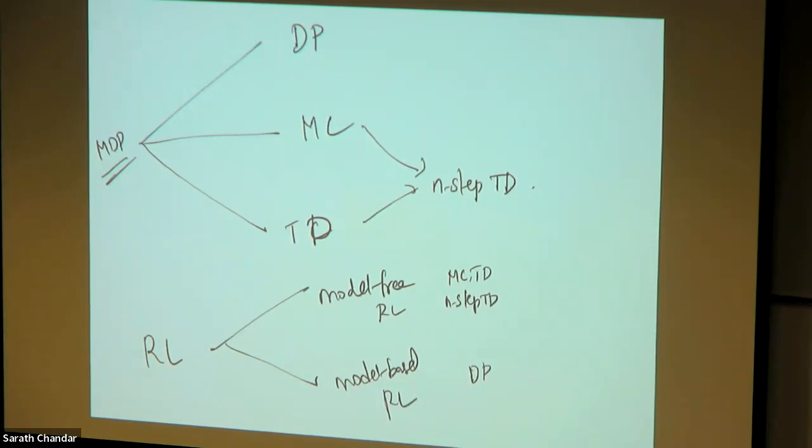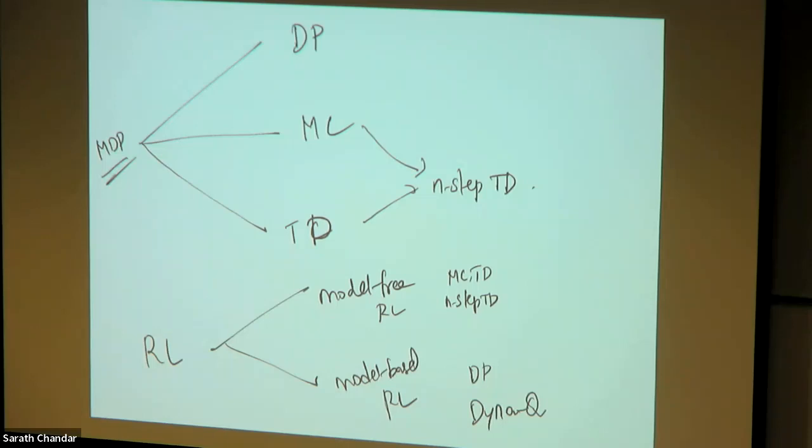But Dyna is just a framework. You can really combine it with any model-free algorithm that you want. In the course we saw Dyna-Q, which is basically combining a model with Q-learning, right? But you could do Dyna actor-critic or Dyna policy gradient, whatever you want.